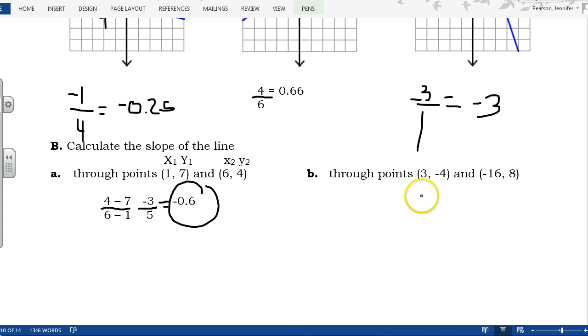And I can do the same thing on my next example. I have x1 and y1.